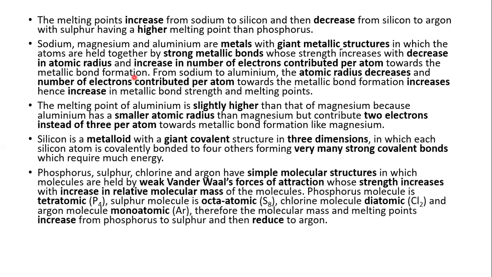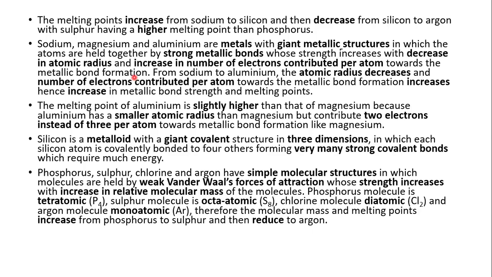We saw the structure of phosphorus is a tetraatomic molecule, sulfur is octatomic, and chlorine is diatomic. And we determined the molecular masses of those different molecules. Sulfur has the highest molecular mass, followed by phosphorus, chlorine, then argon.